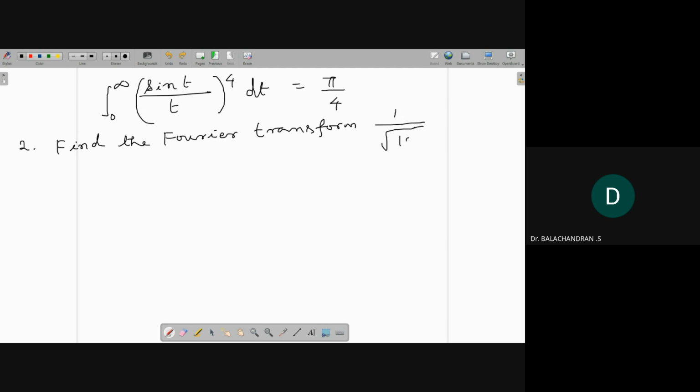Root mod x. Okay. So solution. So Fourier transform of 1 by root mod x.